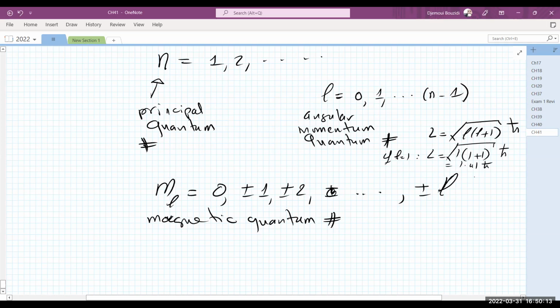This is the actual magnitude of the angular momentum itself. The quantum number tells you how big that number is, and it's an integer, little l, but big L is the whole vector.